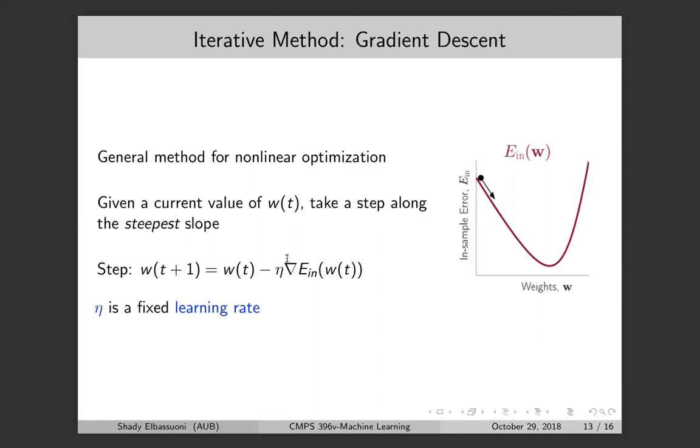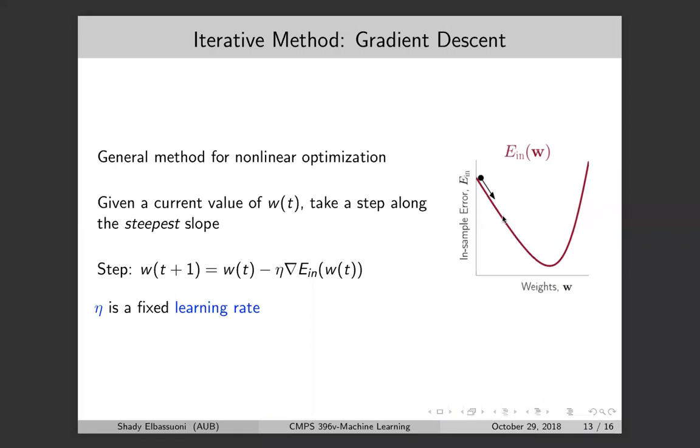There's a proof for it, it uses Taylor expansions and so on, but it's beyond the scope of the course. So just believe me that if I take the derivative and do minus the derivative times some fixed step, this will take me in the right direction to minimize the error. Okay.